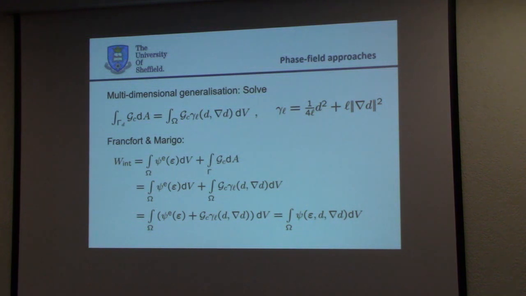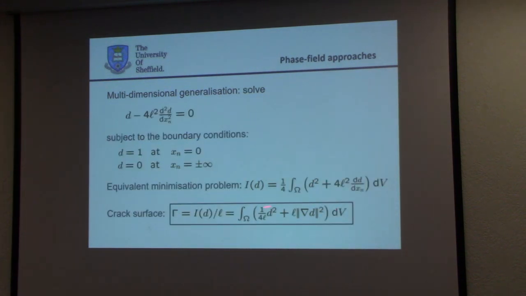Just energy. And then we replace this, which is for a discrete crack, by this expression. So here we have the thing for a discrete crack with the fracture toughness. Here we have the value, and this is the distributed value.